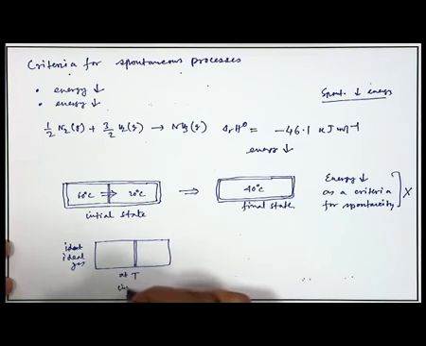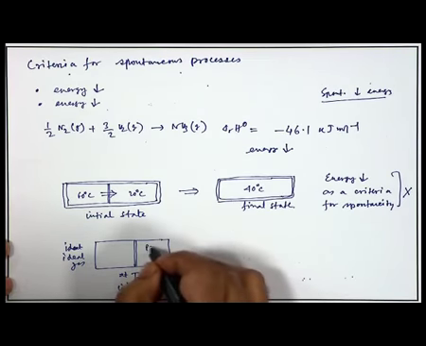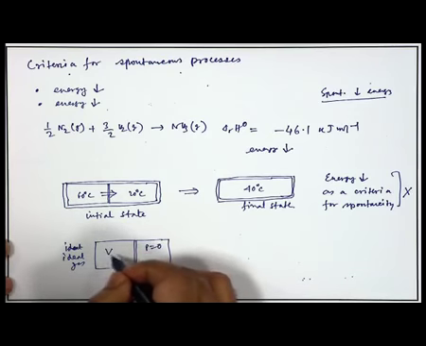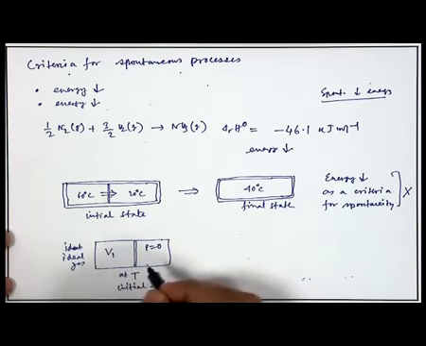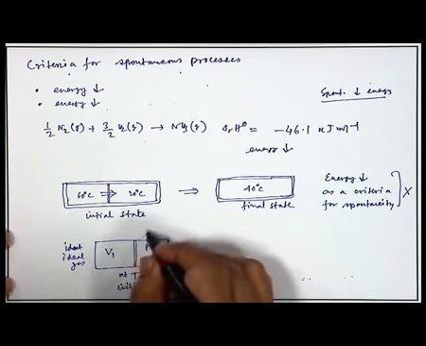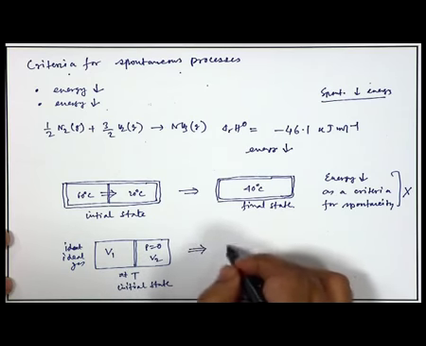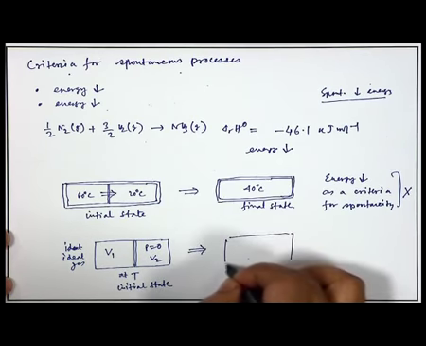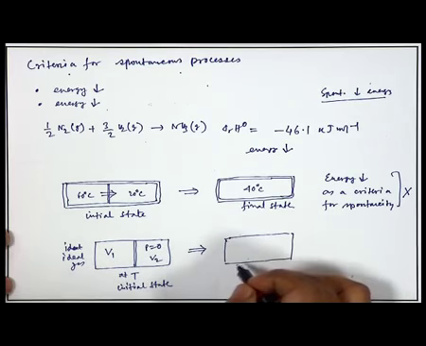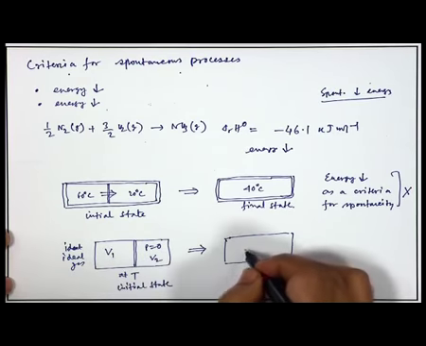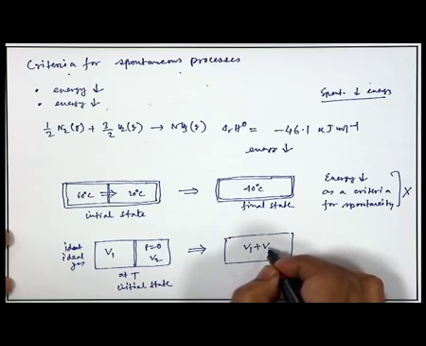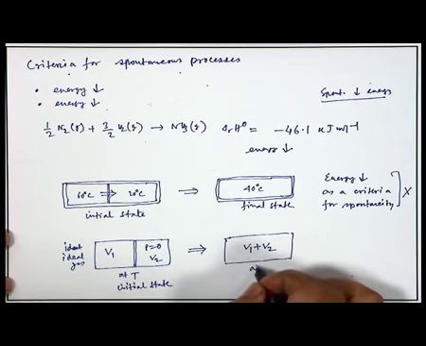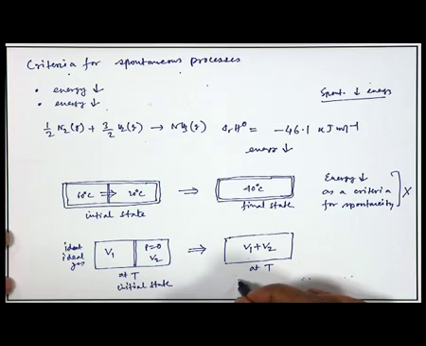So, in the initial state, this side pressure is 0, vacuum, and this side some volume of gas is there, V 1, and this side is V 2. Now, what will happen if I remove the barrier in between? The ideal gas will occupy the total volume V 1 plus V 2 and the temperature will remain the same. This is the final state.